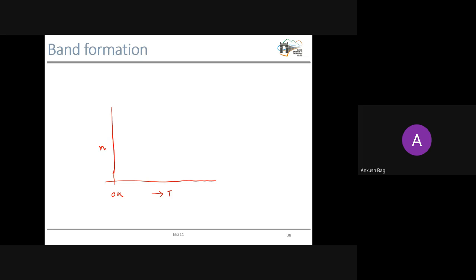If we keep on increasing the temperature, the number of carriers will keep on increasing, and this increase is exponential. Why it is exponential, we'll understand in the coming slides or topic. This is the case for an intrinsic semiconductor.